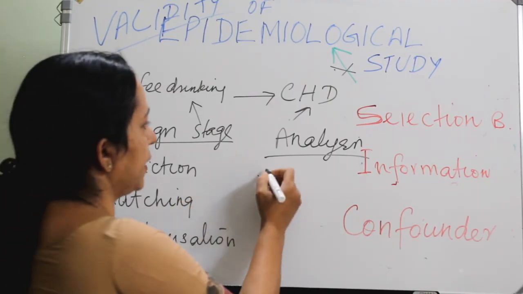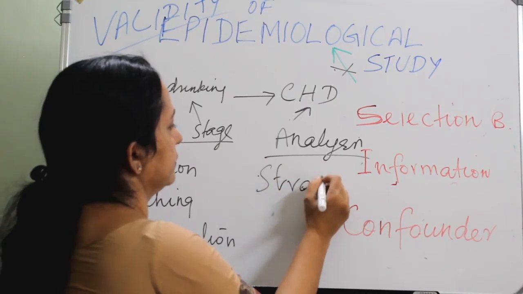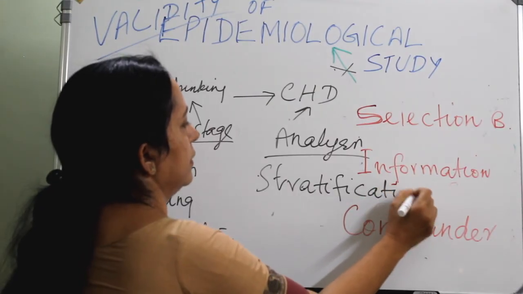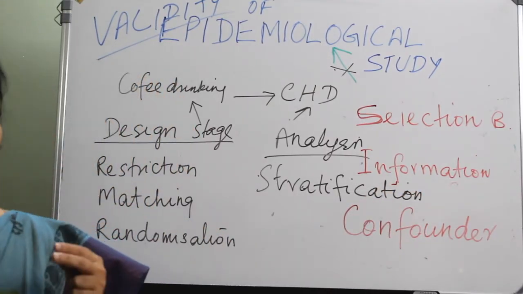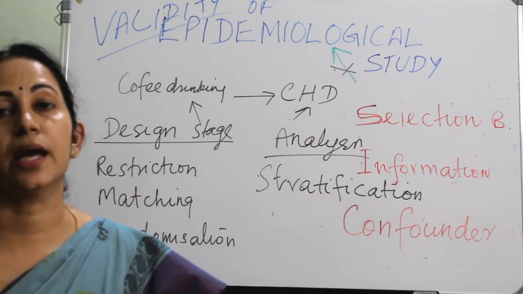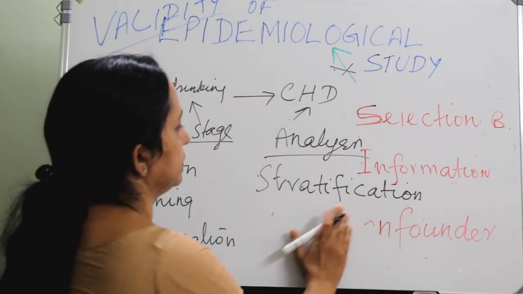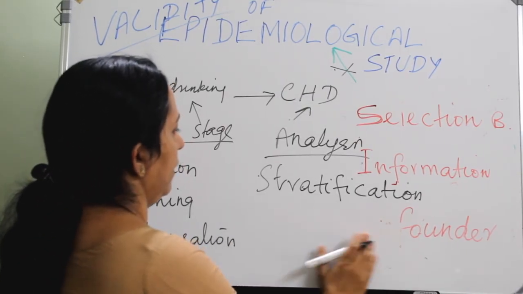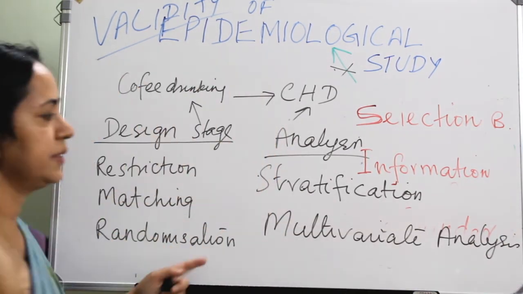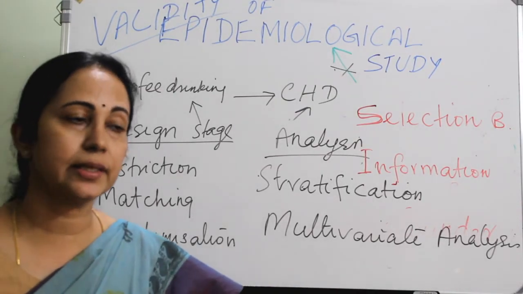And in the analysis part, one is stratification. That is, the investigator should have an idea of the variable having the confounding effect, and stratification of data has to be done. And also multivariate analysis, where we use regression techniques, be it linear or logistic regression.